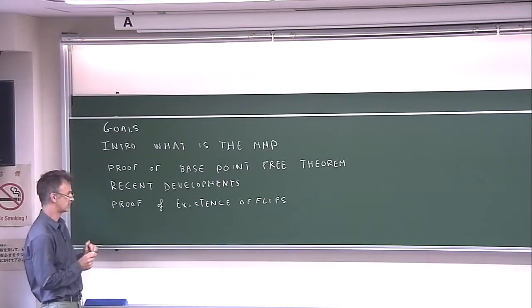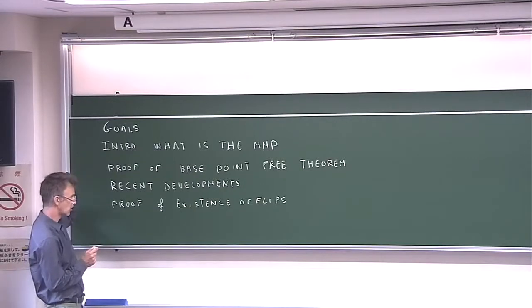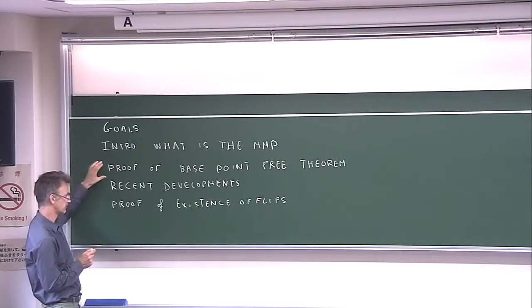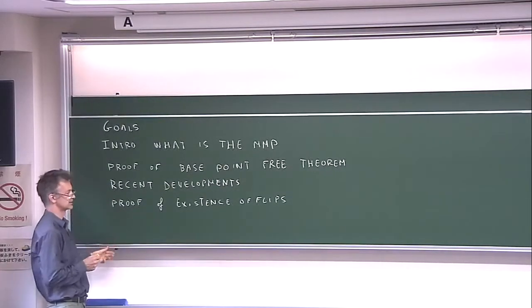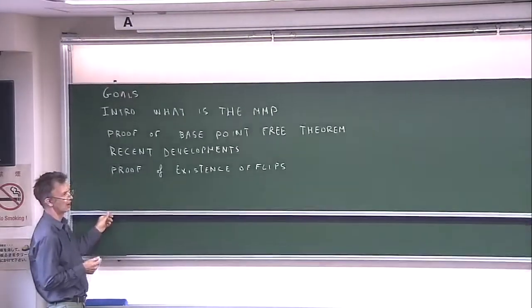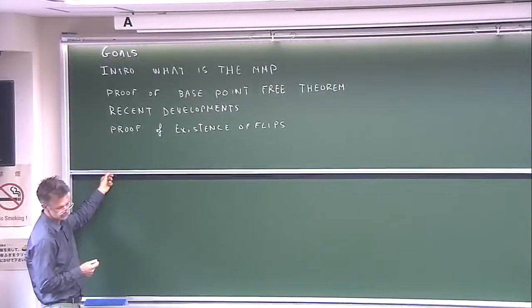So this is my general plan: to start slowly with an introduction, talk about some of the main classical results of the minimal model program, and in the end give, hopefully, a complete proof of the existence of flips, some of the most recent exciting results.